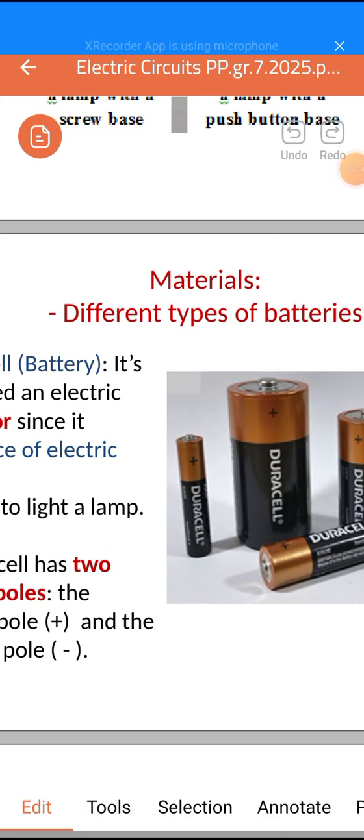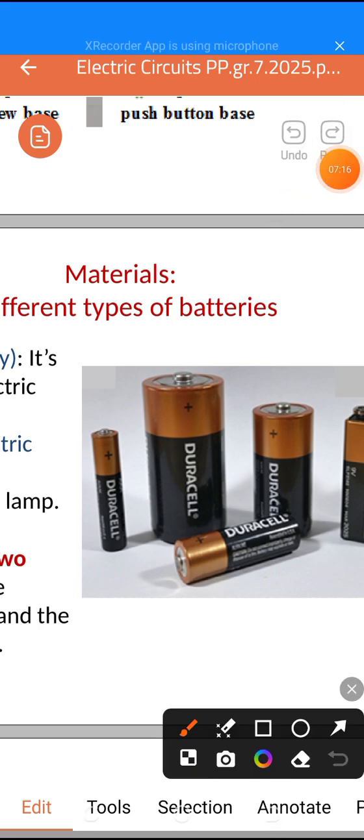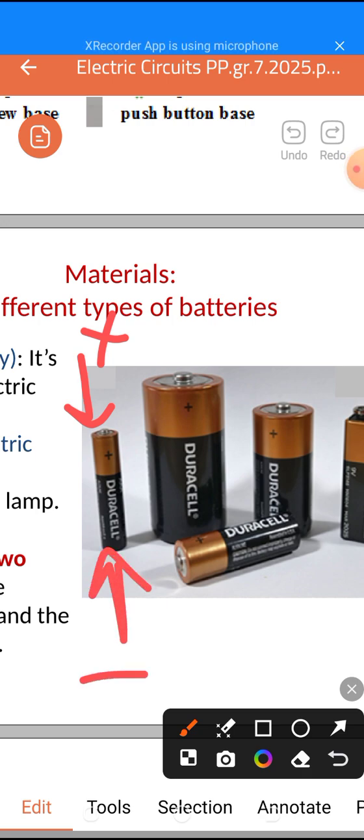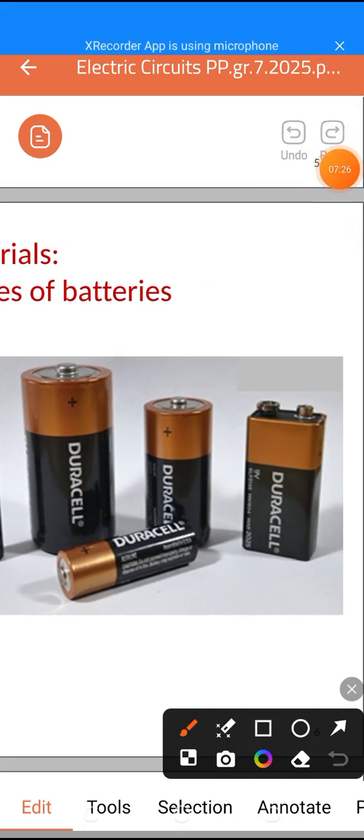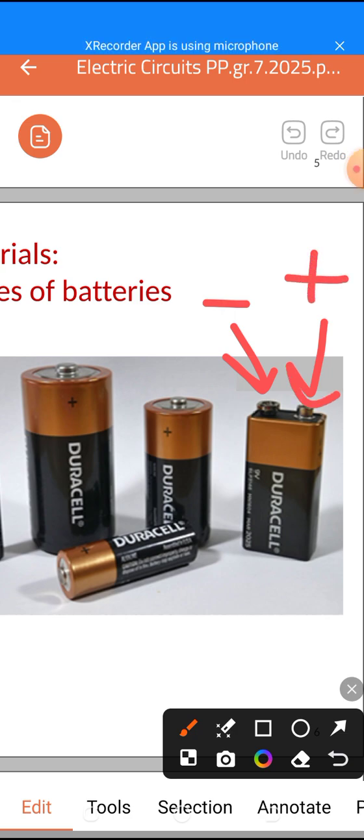Concerning the cylindrical dry cell, this is the positive pole and this is the negative pole. While concerning the rectangular dry cell, the poles are next to each other. This is the negative pole and this is the positive pole plus. They do not look alike because they are distinct. One of them is positive, the other is negative.